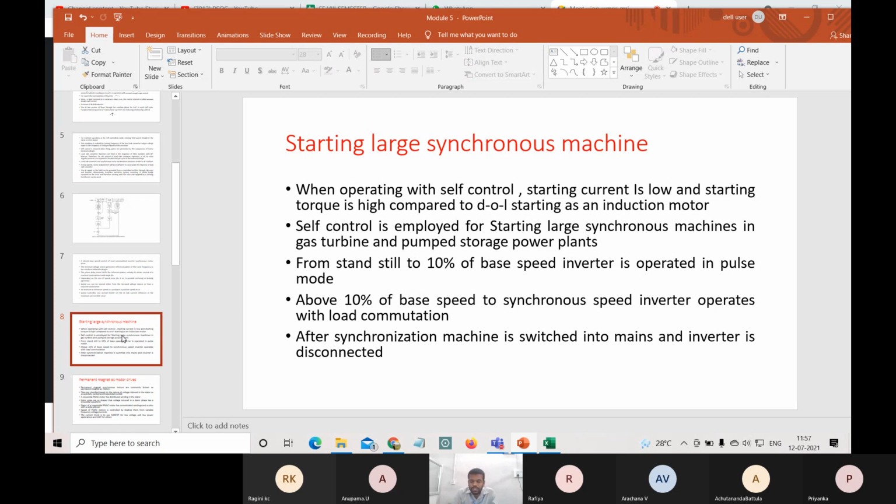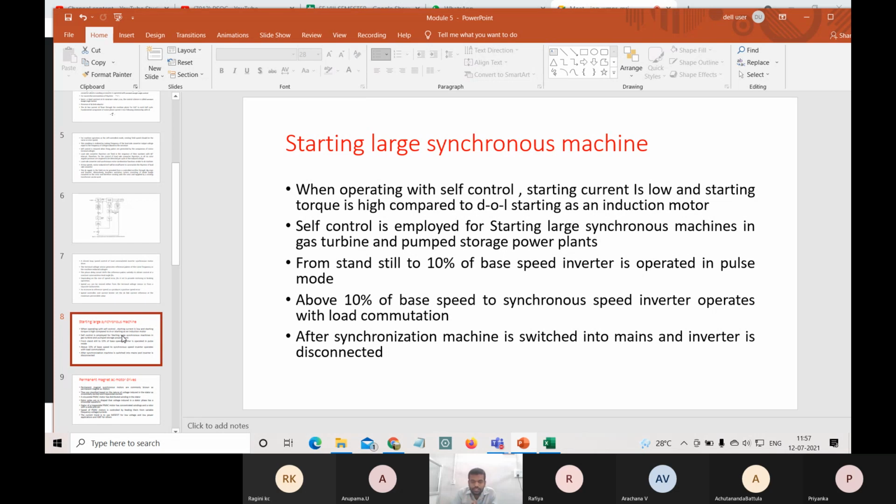When the machine is switched into mains, the inverter is disconnected. If you get the desired amount of speed, then after the synchronous machine gets synchronized, the machine is switched into mains and the inverter is disconnected. This whole procedure looks expensive.